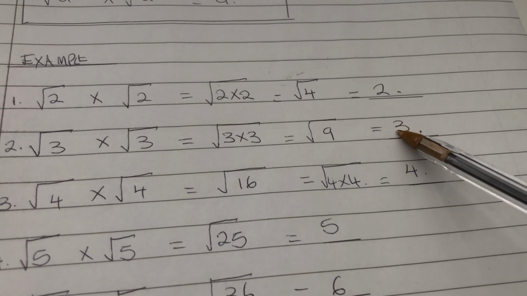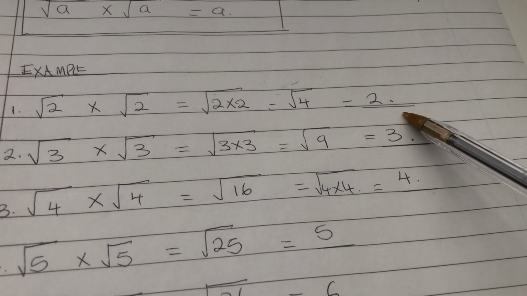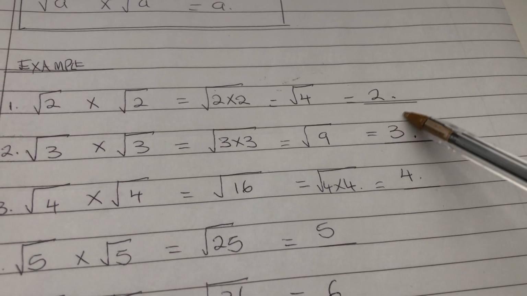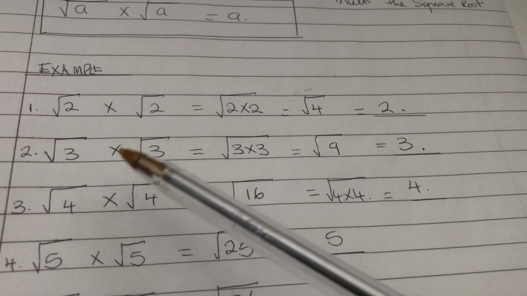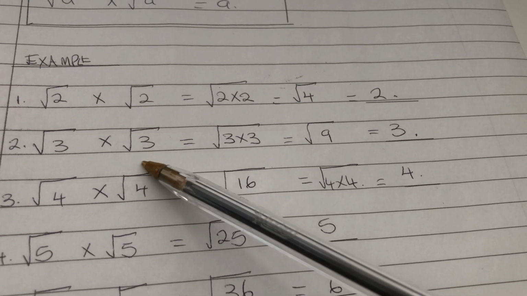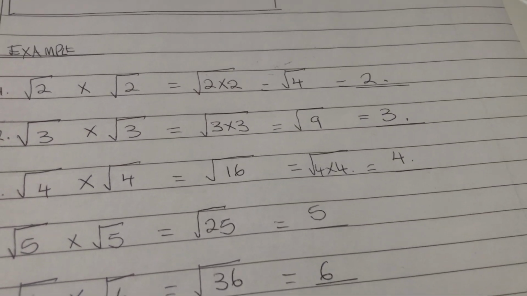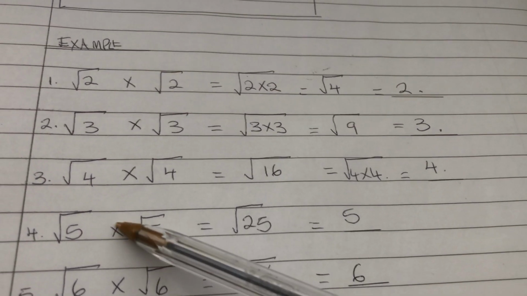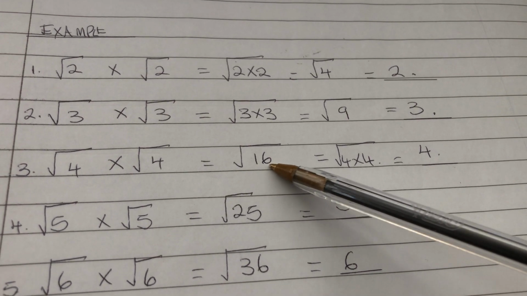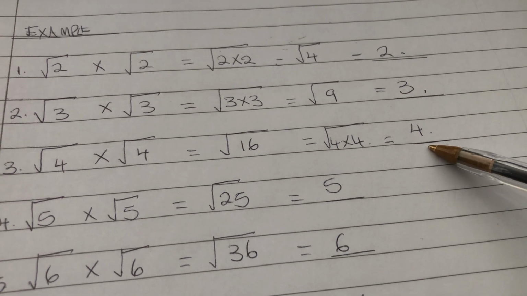If I'm solving an equation and the denominator is 3, and there's a square root on the numerator, in place of 3, I can write root 3 times root 3, and then the numerator and denominator will take care of themselves, and I can simplify. Root 4 times root 4 will be 4 times 4, 16, the square root of 16, which is 4.